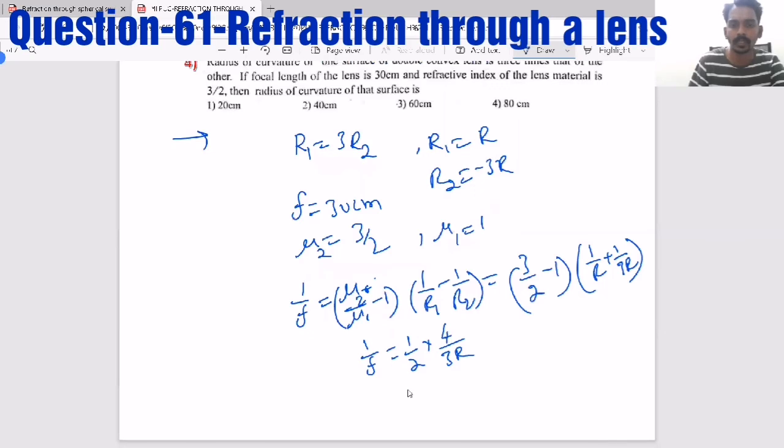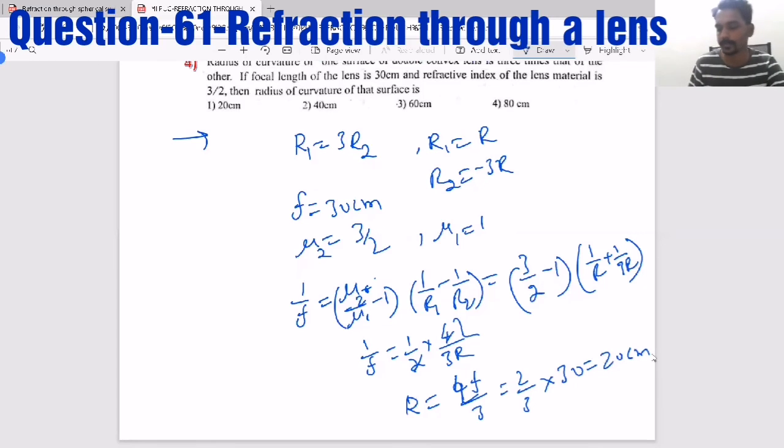Now you want the radius of curvature. If you cross multiply, it becomes 4F by 6, so 2F by 3. So 2 by 3 times F, where F is 30, gives 20 centimeter. This way the question can be asked based on the focal length of a lens formula also.